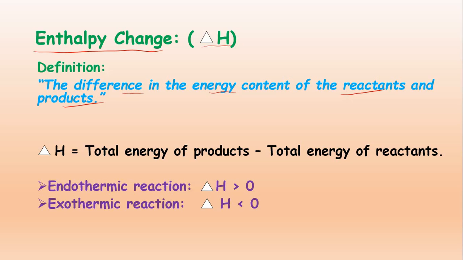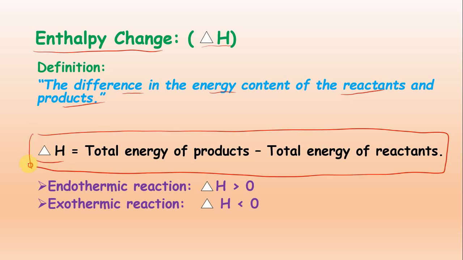Now we are moving towards our delta H formula. What is the main formula related to this delta H, the enthalpy change? Delta H is equal to the total energy of the products minus the total energy of the reactants. From this equation we can derive two main points.